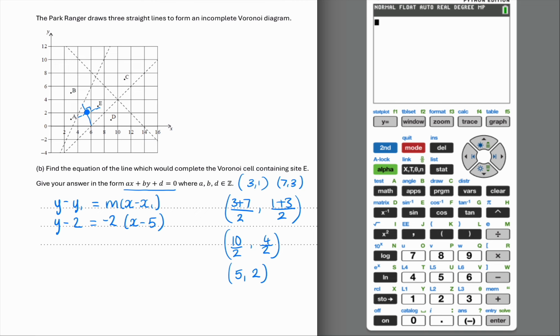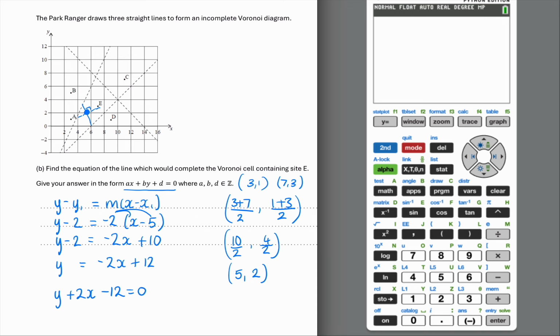So we're now going to just rearrange. So y minus 2 equals minus 2x plus 10. So just rearranging there. And then if I add 2 to both sides, minus 2x plus 12. And then if I put everything on one side, it doesn't actually matter which side, you would get the marks either way. And now I have everything equal to 0.